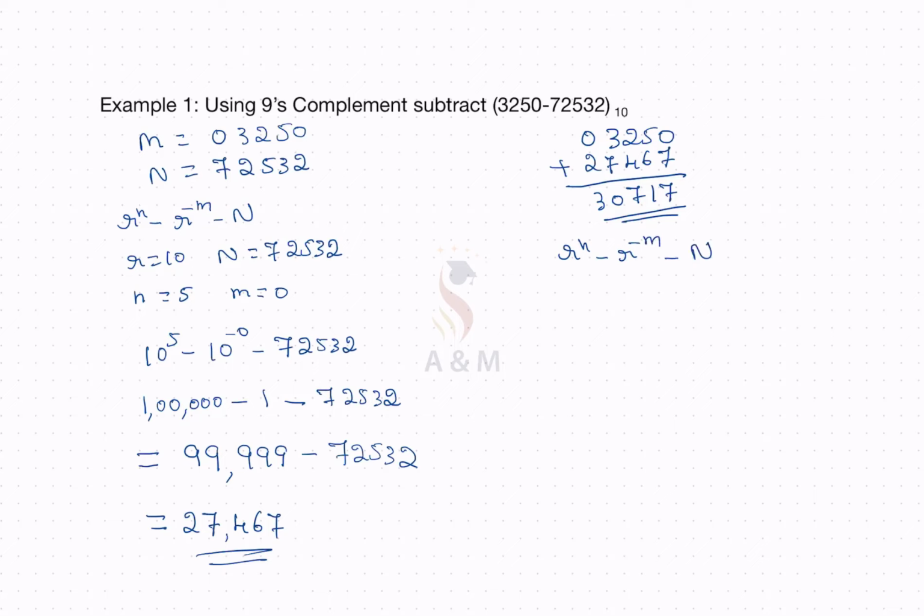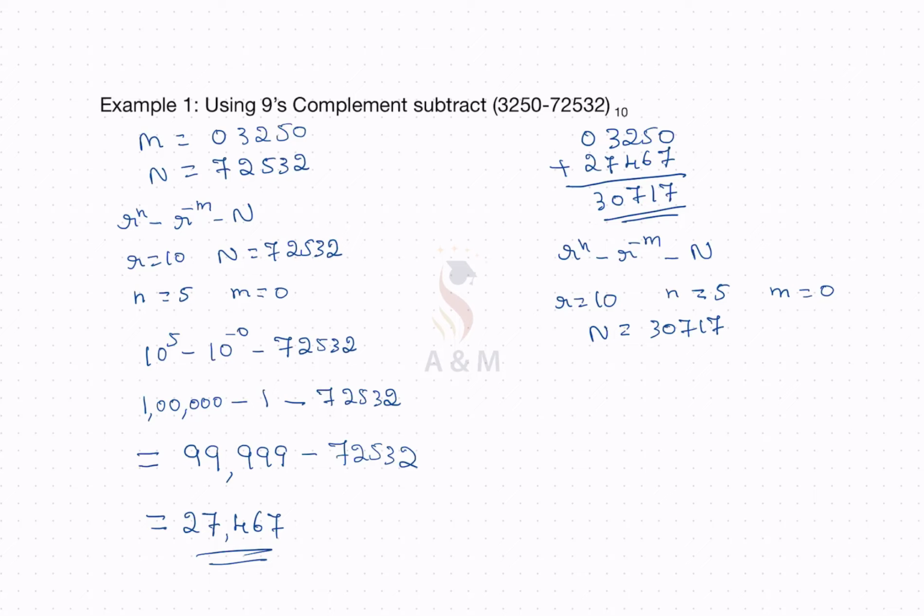Here we have r is equal to 10, n is the total number of digits present in a given number, which is equal to 5, and m is the total number of fractional digits present in a given number, that is equal to 0, and N which is equal to 30717.